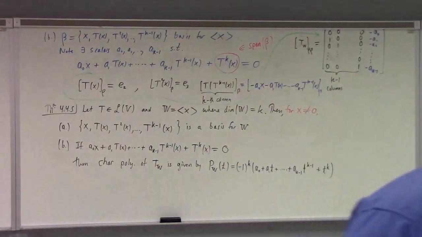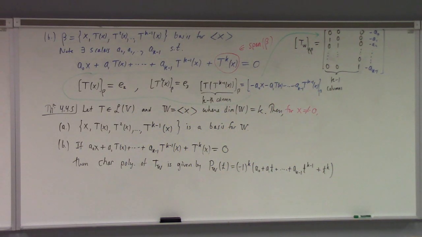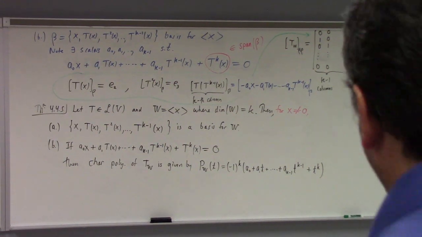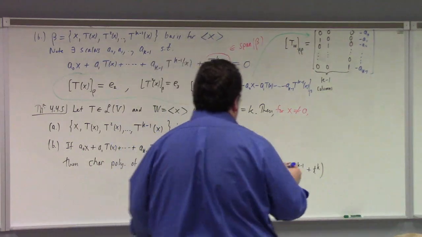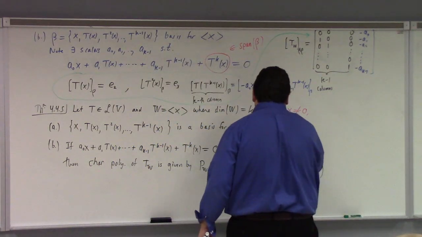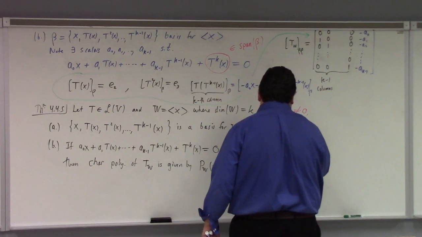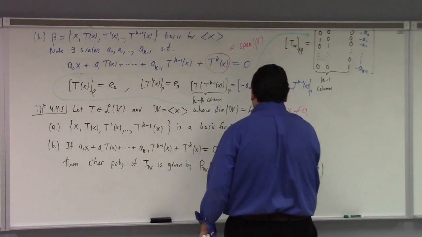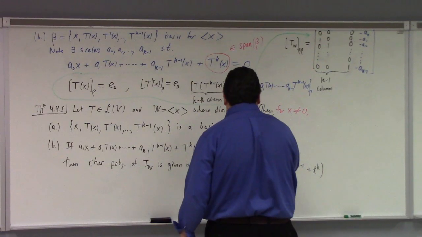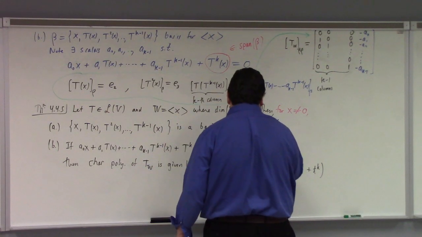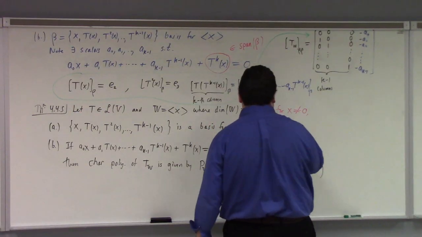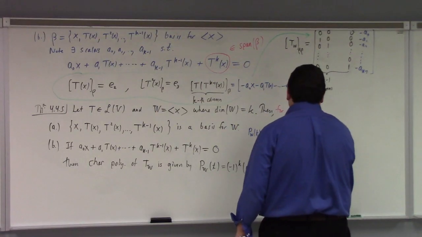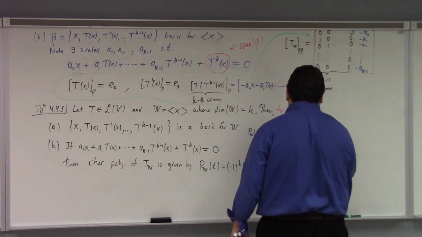And what's the characteristic polynomial then? If we calculate the determinant, here's my p_W of t. What we've got is minus t on down the line, minus t.